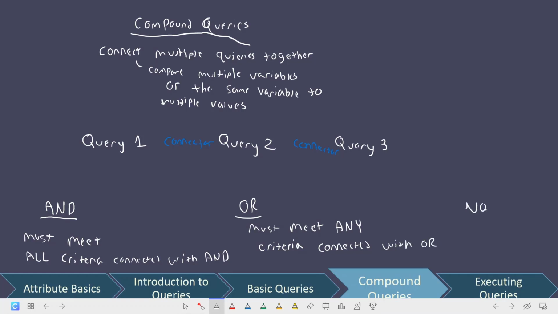And then not isn't really used that often, but basically you must not meet this requirement. We're actually going to largely ignore not, because generally what would happen with not is you would structure the query differently. So we're going to focus mostly on and, or.